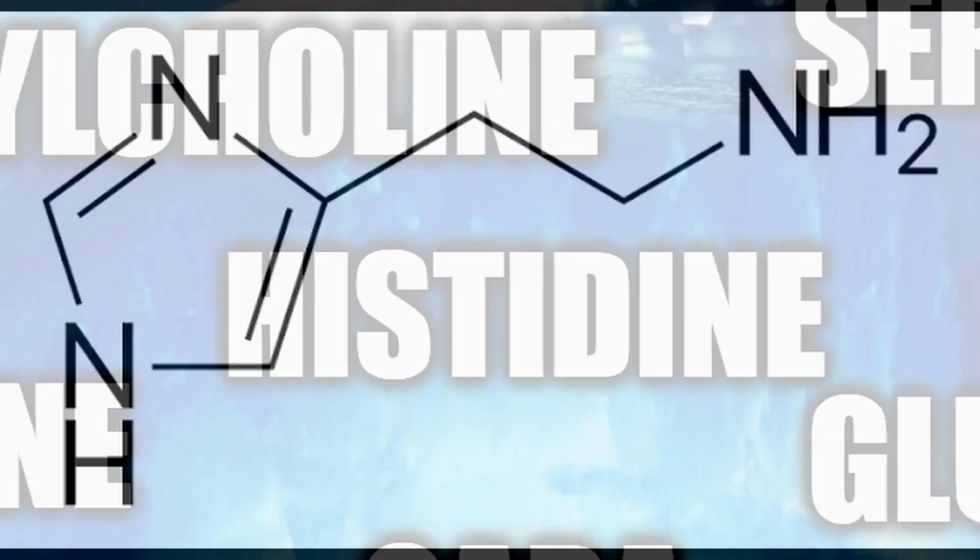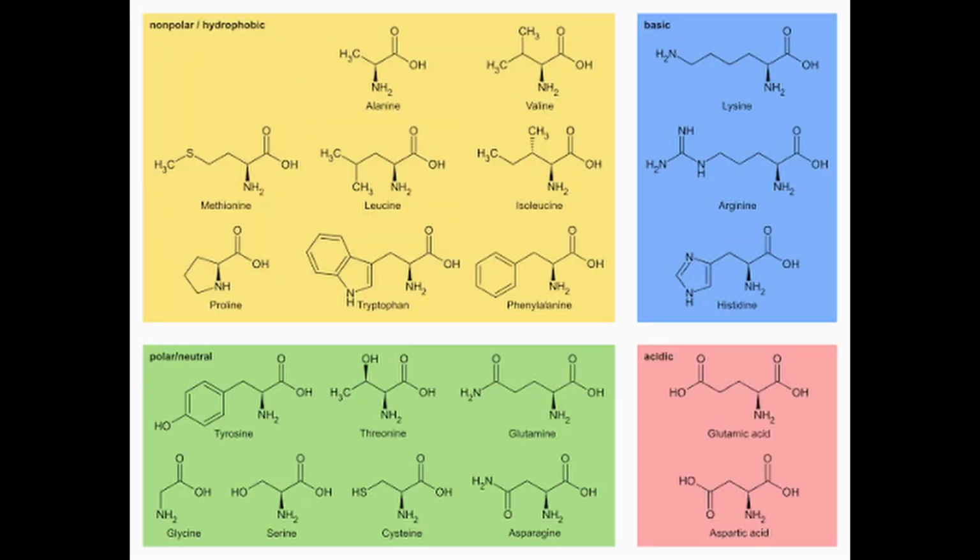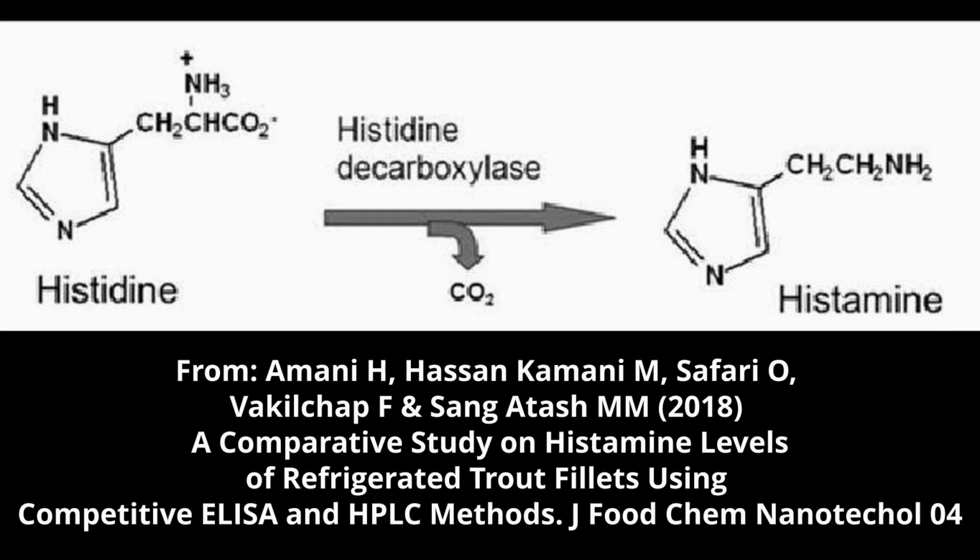Histamine. I have seen it before, but I don't remember where. Maybe here. It is synthesized from an essential amino acid called histidine in a reaction catalyzed by histidine decarboxylase.